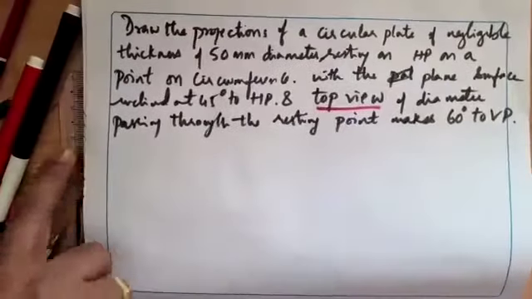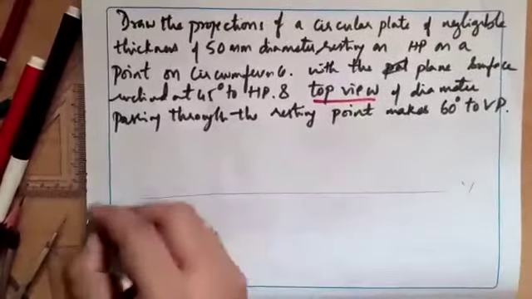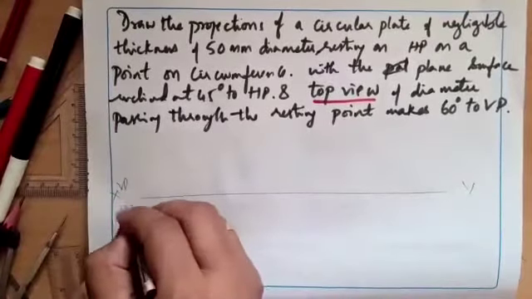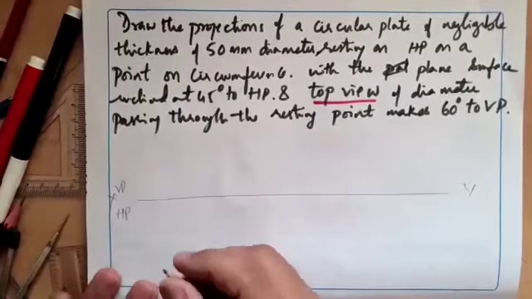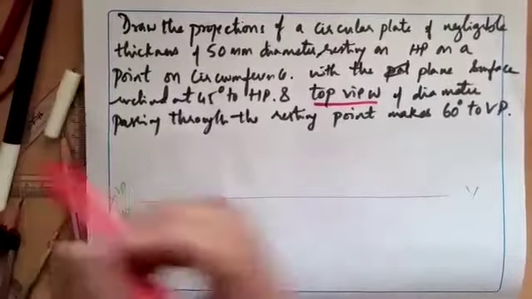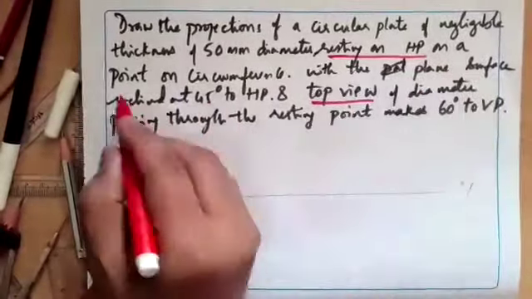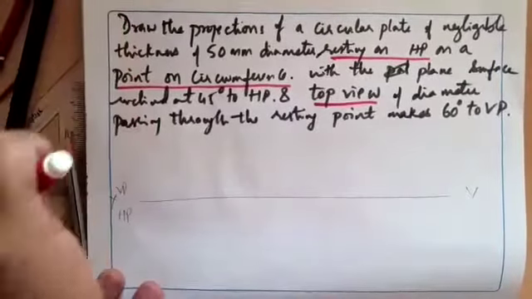So here, very important condition. Draw XY line, VP, where you draw the true shape, vertical plane or horizontal plane? Resting on HP on a point on circumference. So where do you draw the true shape?